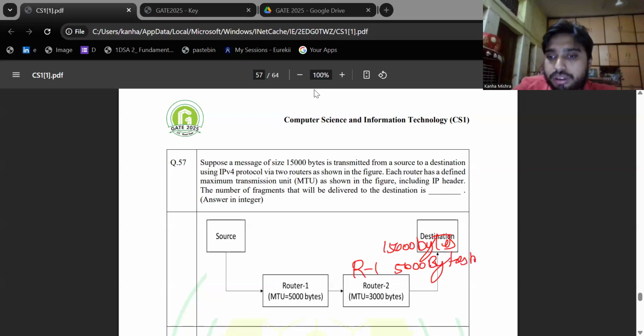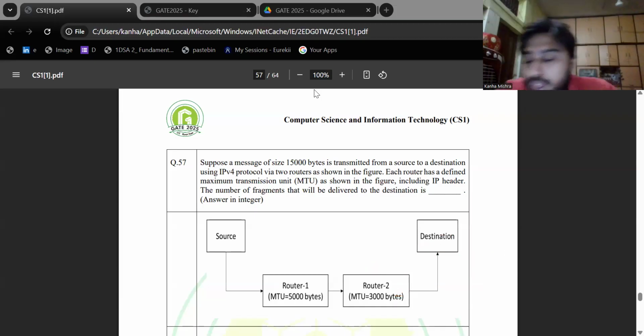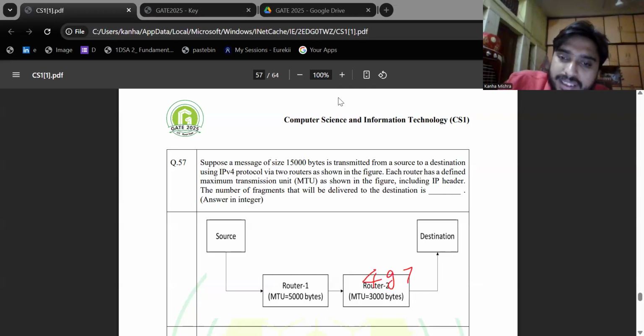Assuming a 20 byte header, the data payload will be 4980 bytes. But IPv4 fragmentation must be in multiples of 8, due to the fragment offset field. By that logic, the largest multiple of 8 is 4976. Therefore each fragment from router 1 can carry 4976 bytes of data.